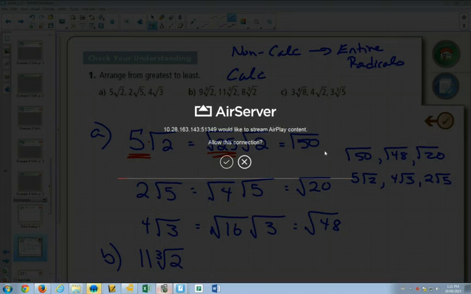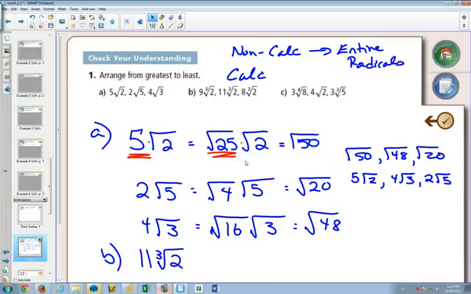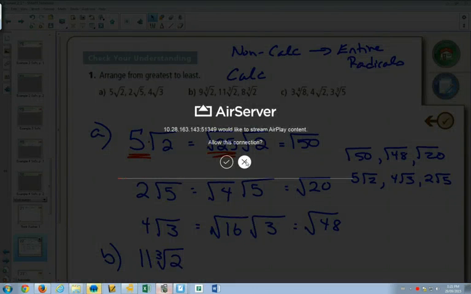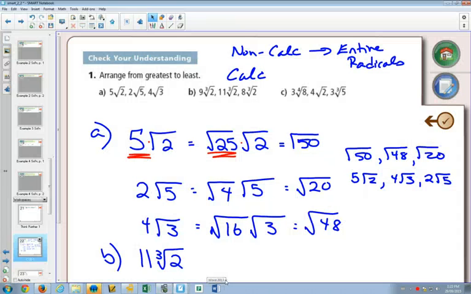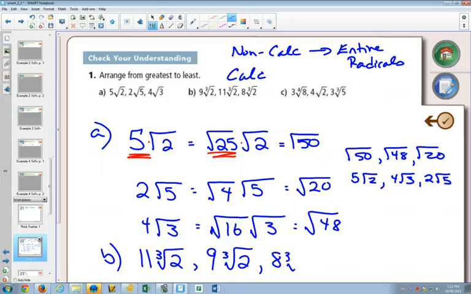So 11 is the biggest. So 11 cube roots of 2 is the biggest, followed by 9 cube roots of 2 is second biggest, and the least one would be 8 cube roots of 2.